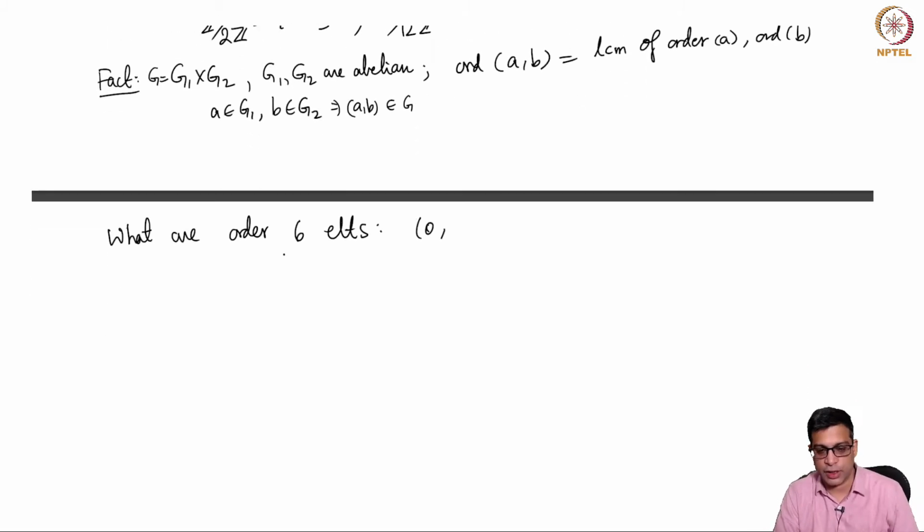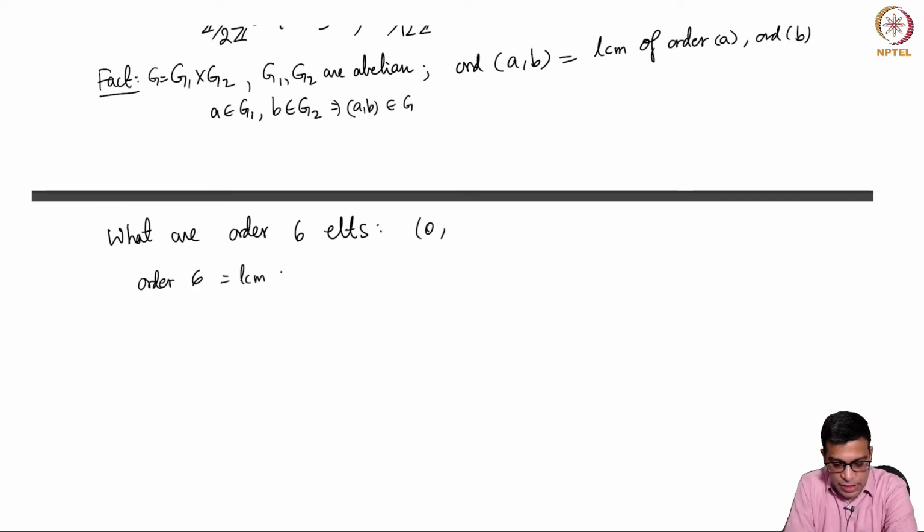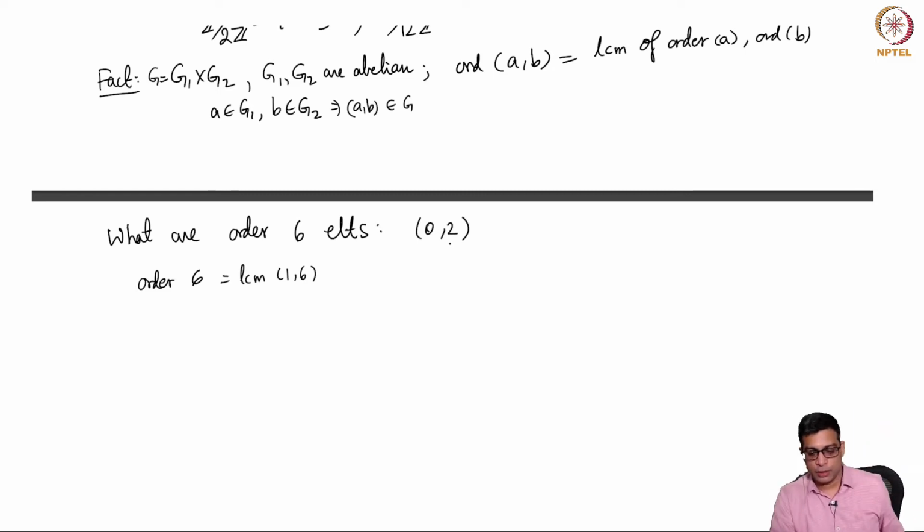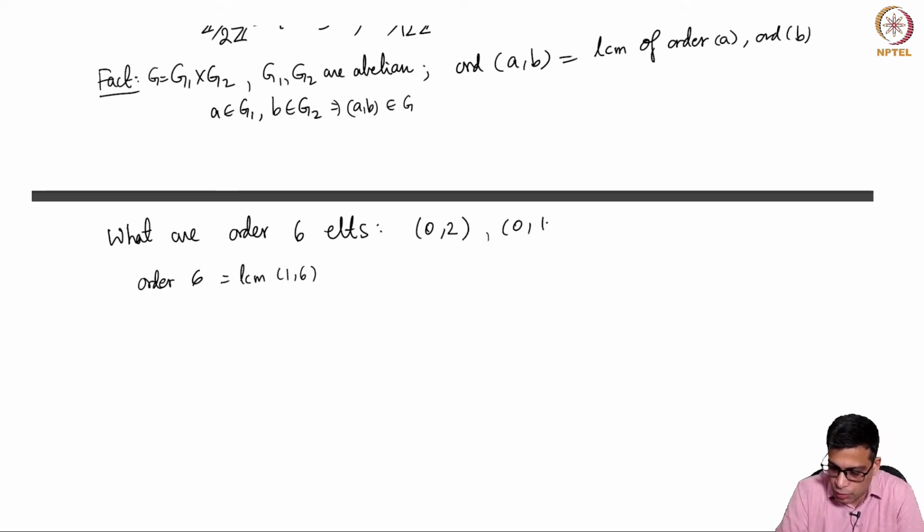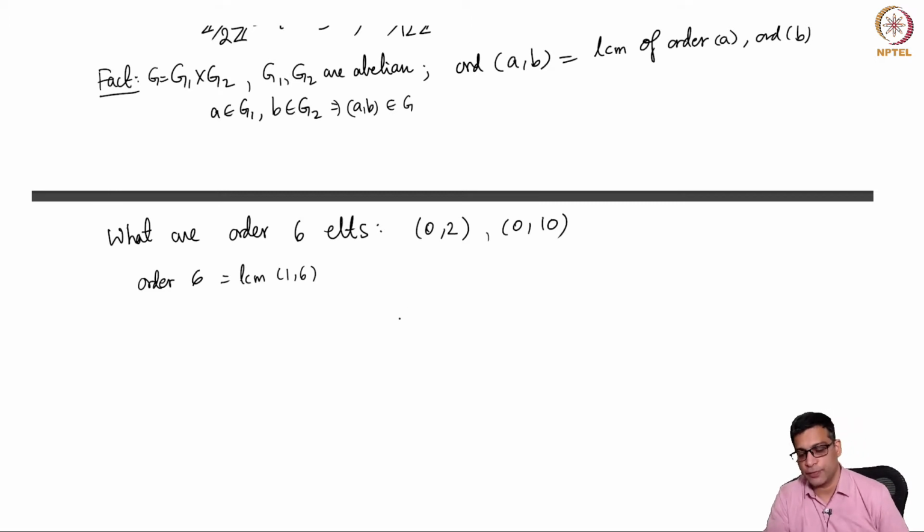So in order to get an order 6 element, one possibility is, we want order 6, so this could be LCM of 1 and 6, right? So 0 is an order 1 element in Z mod 2Z. So to get an order 6 element, I have to take 2, for example. Okay, so this is an order 6 element, and its inverse of course will be (0, 10), because the inverse of 2 is 10.